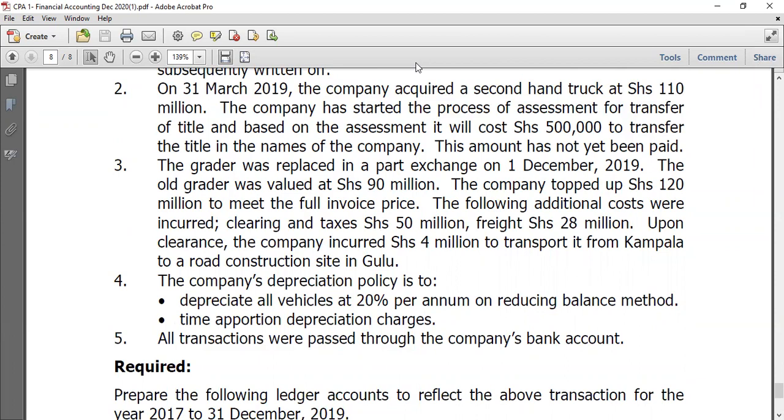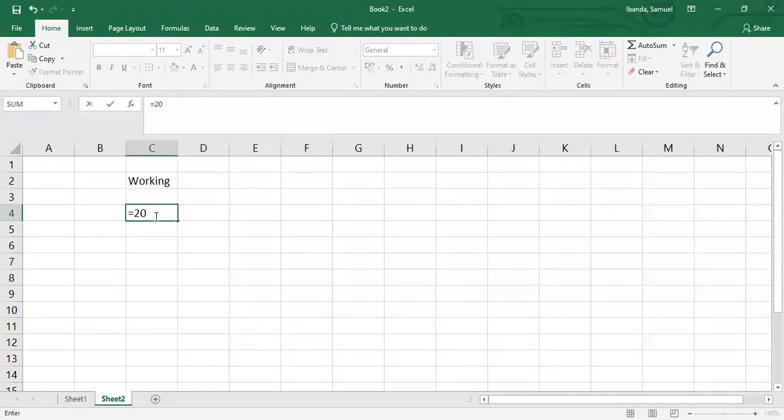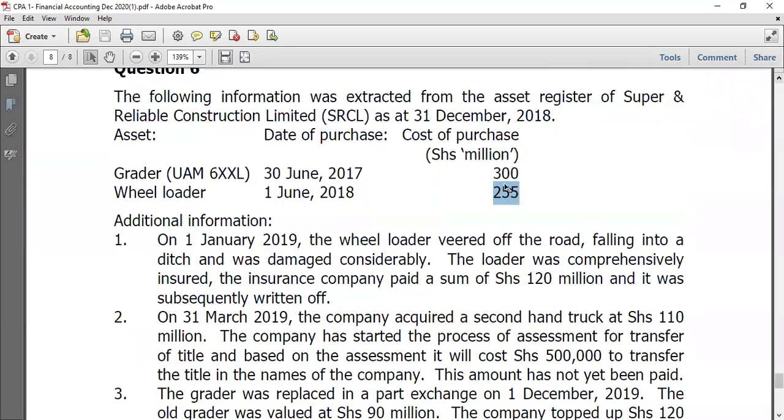So what I'm going to basically do, I'm going to come here, say equal 20%. So I'm going to get the 255. Remember, we are first calculating it in its first year.